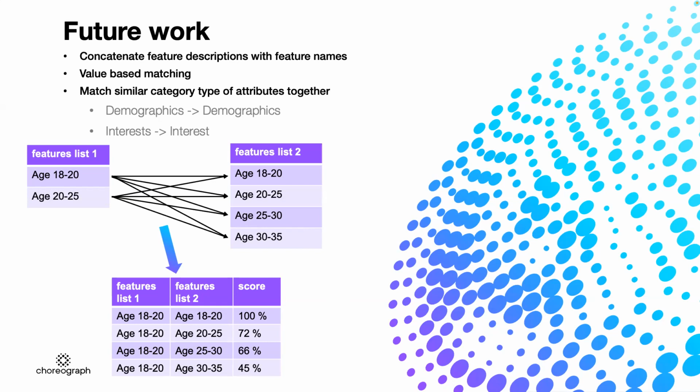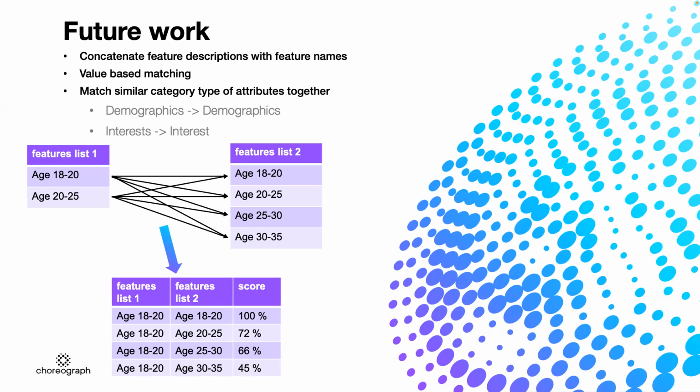And then the third one is that we only match similar category types of features. In larger datasets or databases, when we get the list of features, they are usually categorized into different categories. So you have some part of the list that is demographics, and then some part of features that are just interests, and then some part that are just persona, and so on.